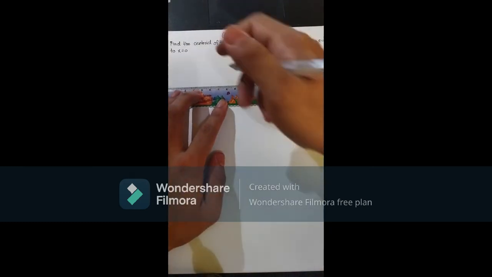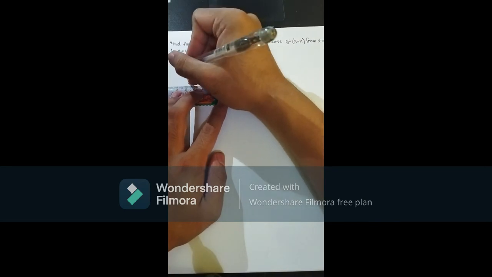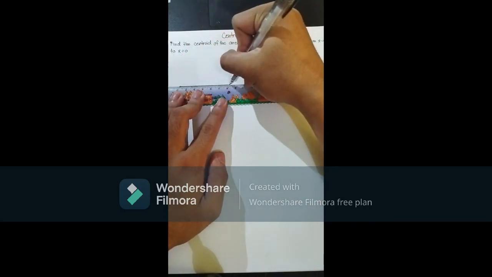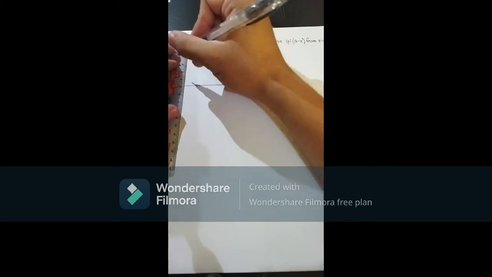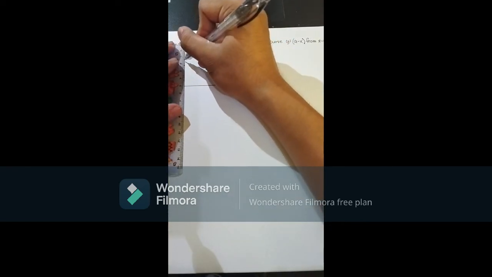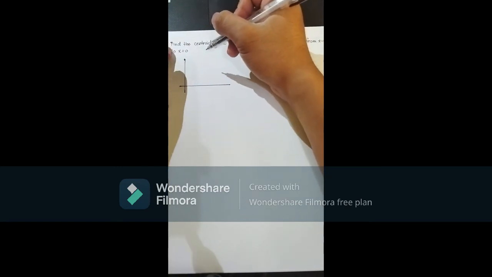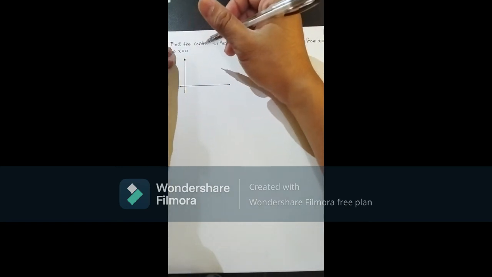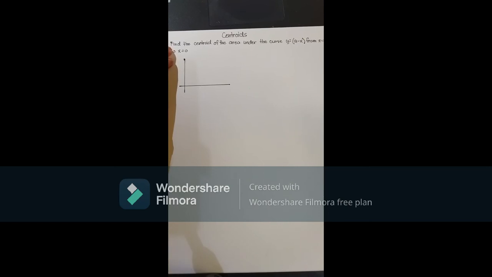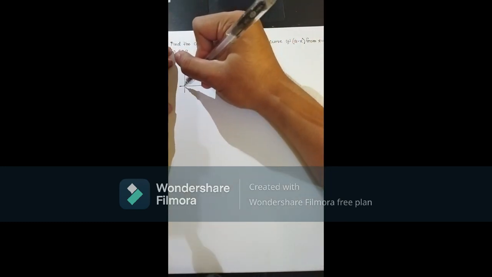We are going to create the graph of the centroid. So y equals a minus x. So this is the graph.